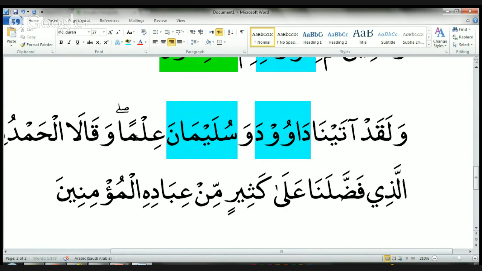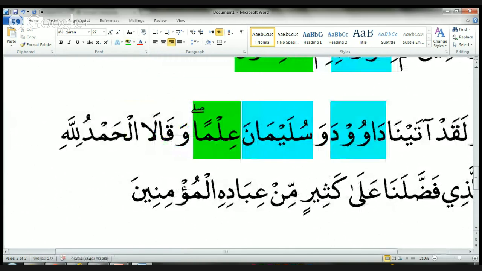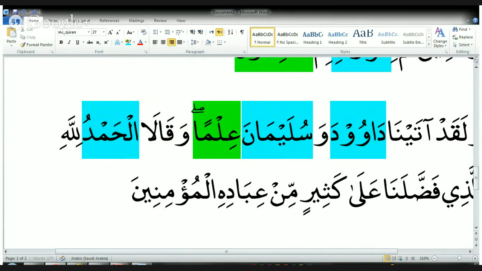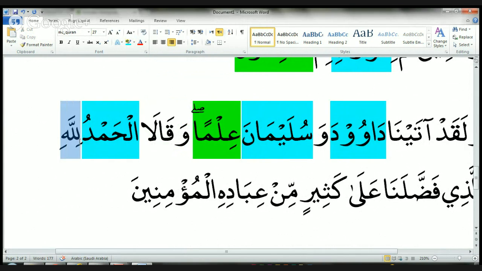Light. Ilman. Heavy. Good. وَقَالَ الْحَمْدُ لِلَّهِ. What's alhamdu? Heavy or light? Light. Very good, because there is no tanween at the end.